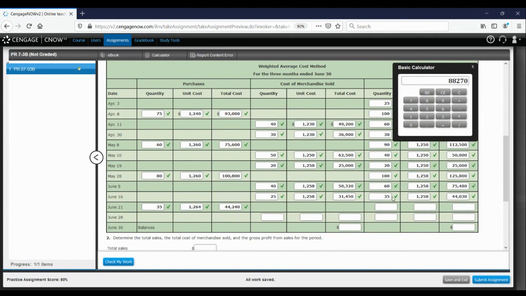Now we had 35 units in ending inventory. We're going to add what we just purchased, 35 more units to that. That'll give us a total of 70 units. The total cost of 88,270 is going to be divided by 70 units. The new weighted average cost per unit is $12.61.